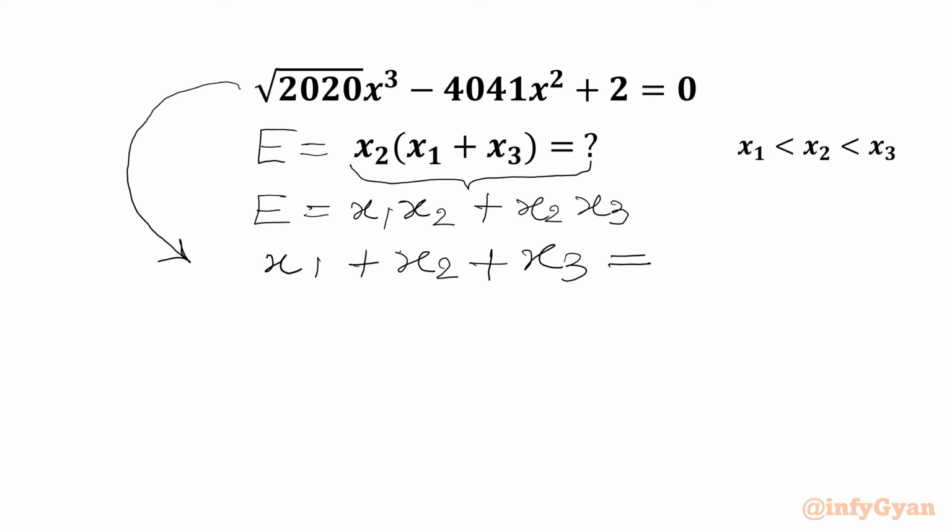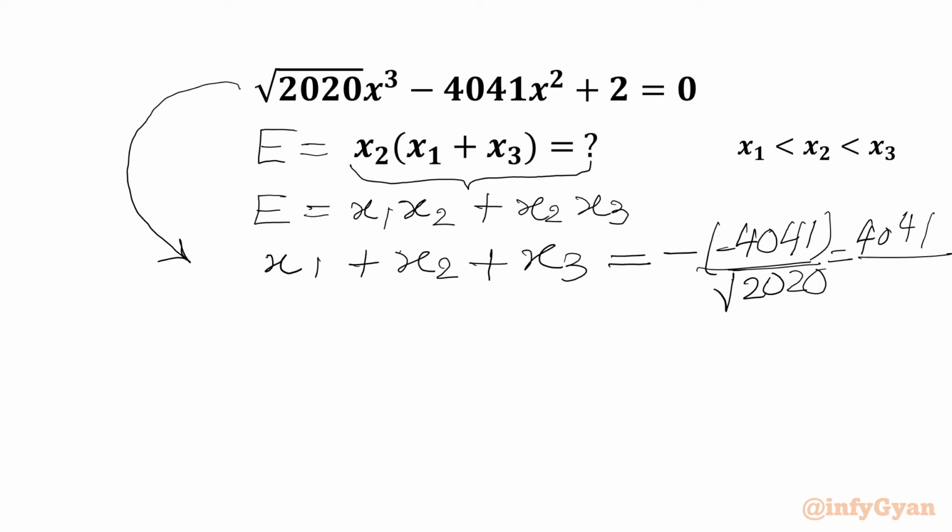This is equal to negative of b over a. So we will write minus of minus 4041 over square root 2020. So we can write 4041 over square root of 2020.